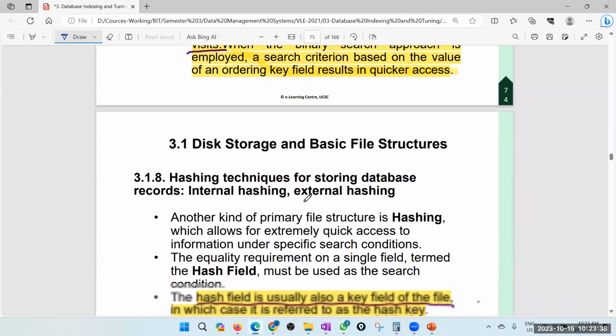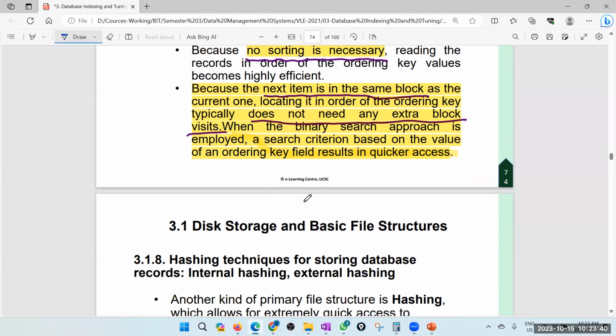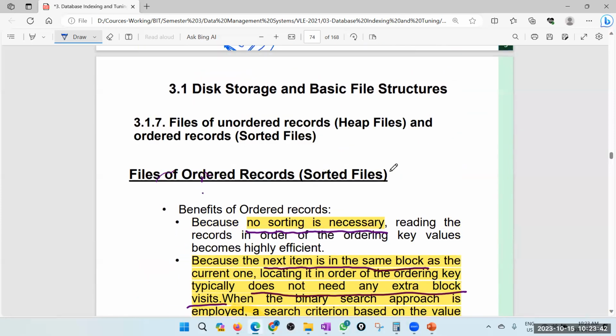So that is the advantage of having a sorted file. But remember, we can sort only for one field. If you sort it for salary, now you lose your sorting for the employee number. If you sort it for the department number, now you have lost the sorting for the salary or employee number. Therefore, you can sort a file by one field only.